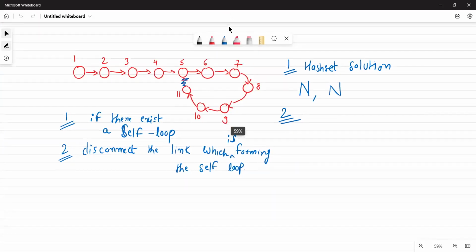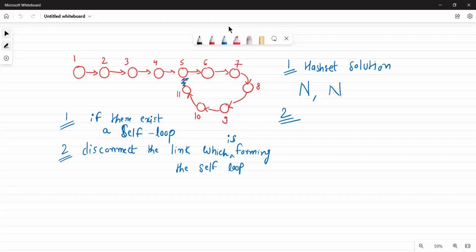When did I explain that approach to you guys? Did I explain the slow and fast pointer approach in the class? I don't think so. I have explained the midpoint, how to find the midpoint. Okay, using them and finding the mid. Yeah, using that you can solve this problem.